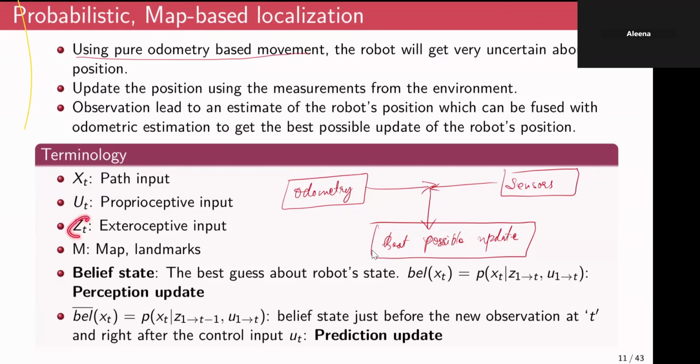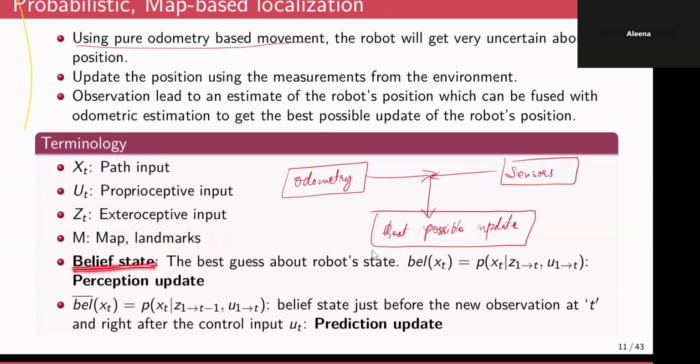That is ut. And zt basically represents the measurements that you're getting from the sensors, right? So we have the current position, the current state, the input that you supply to the motors, the observations from the sensors, and you also have a map that is preloaded into the robot.